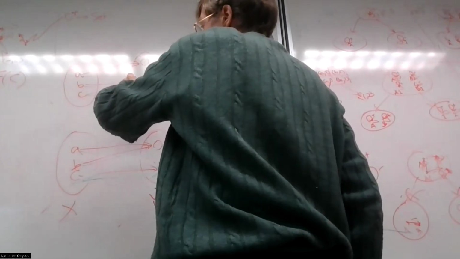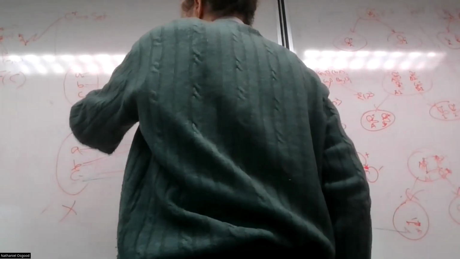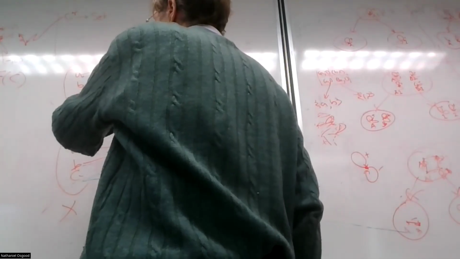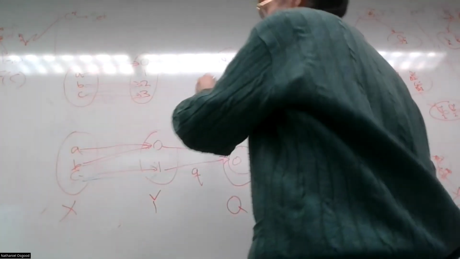Mapped by g to what? 2. So it's glued to itself. No information added. c is mapped by f to what? And it's mapped by g to what? 3. So what do we glue together? 2 and 3.